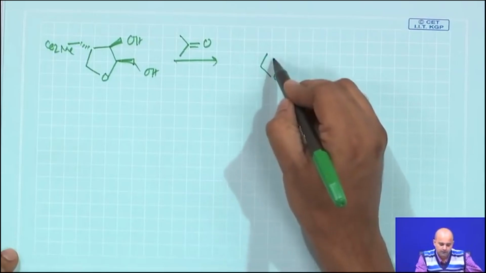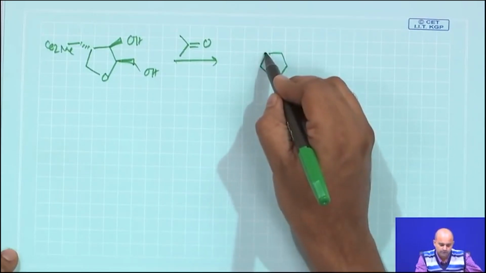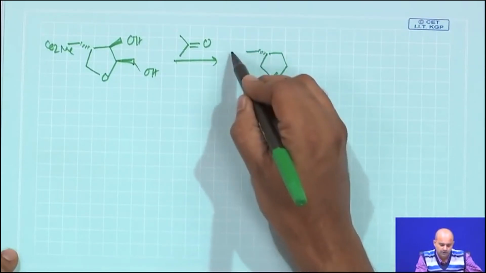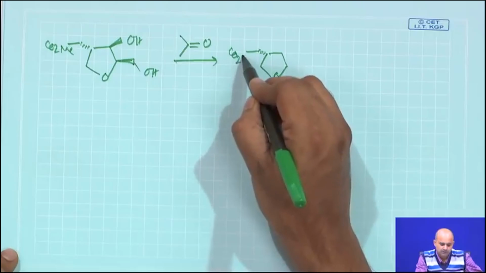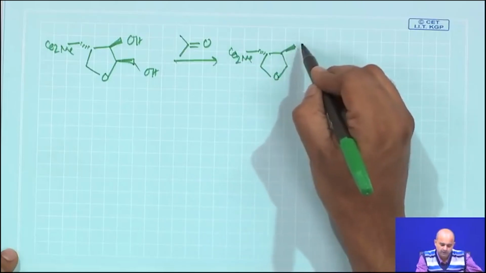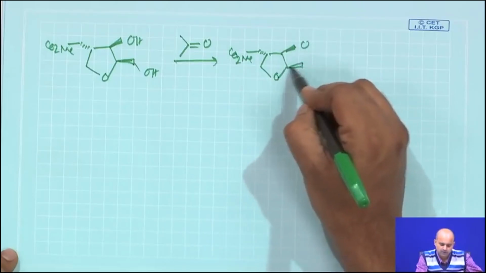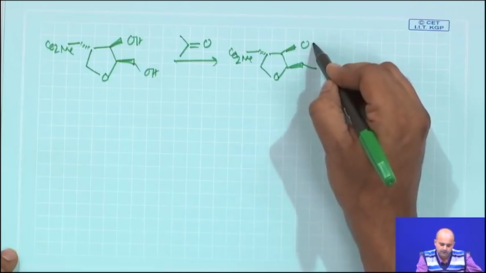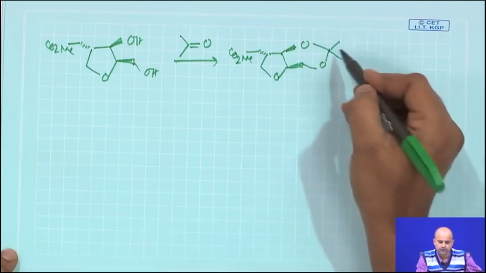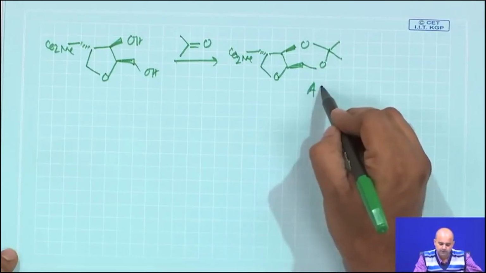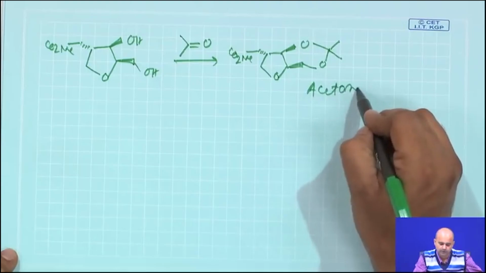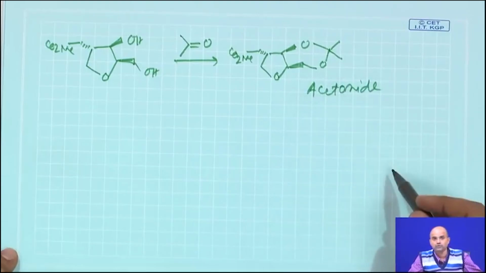So, what will acetone do? It will form the cyclic ketal, which is named an acetonide in chemical terminology.